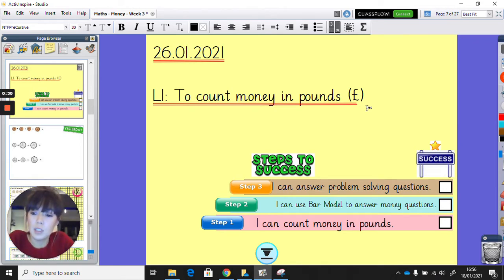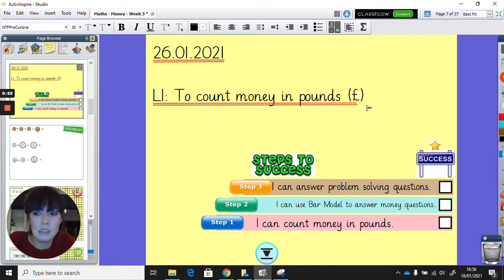Our first step today is counting money in pounds, okay? That's the first thing that we're going to be doing, and it's something that you're going to build upon when you're doing your worksheet at the end of the lesson. Step 2 is to use bar model to answer money questions. We've used bar model before when we've done times and when we've done adding and subtracting. You can use it for everything.